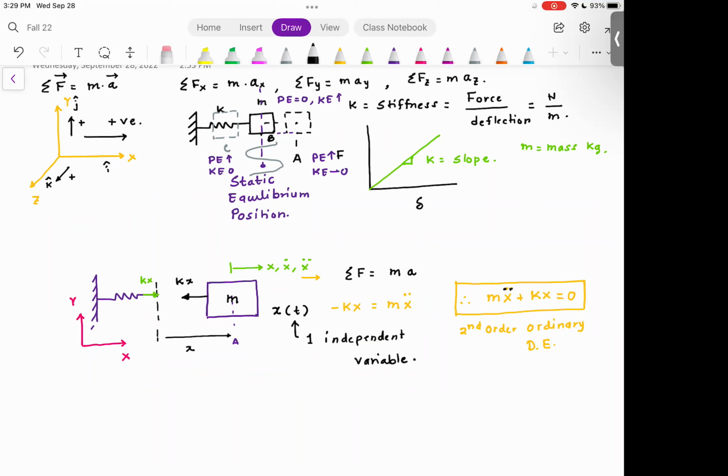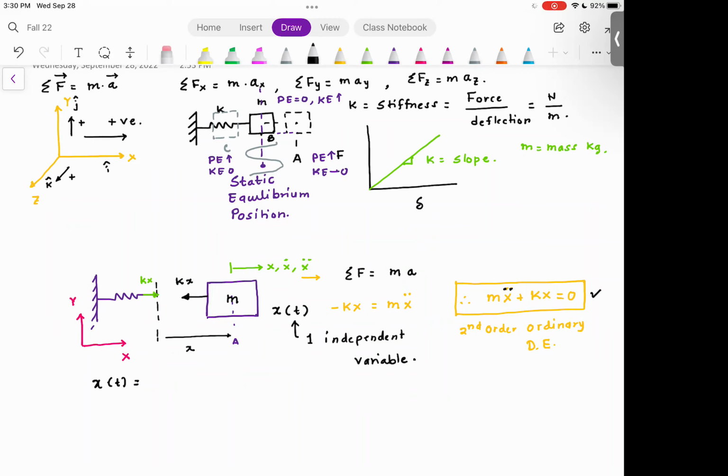What is the meaning of the solution of the differential equation? The meaning of the solution is to find a function x of t. So some function x of t, when you take the first derivative and the second derivative, and substitute those in this equation, the left hand side is equal to the right hand side.